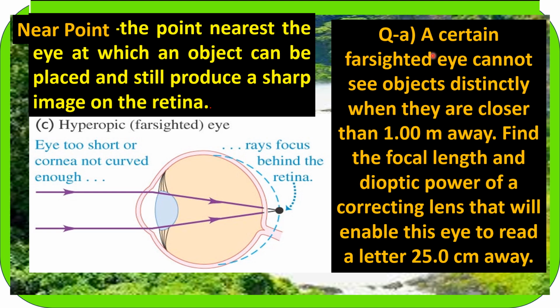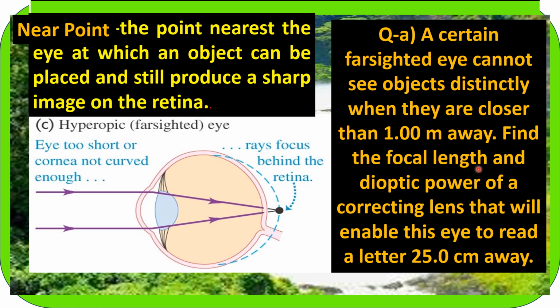Like in the problem, the farsighted eye cannot see objects distinctly when they are closer than 1.00 meters away from the eye. Alright? Hence, the near point for this eye is 1.00 meters away from the eye.